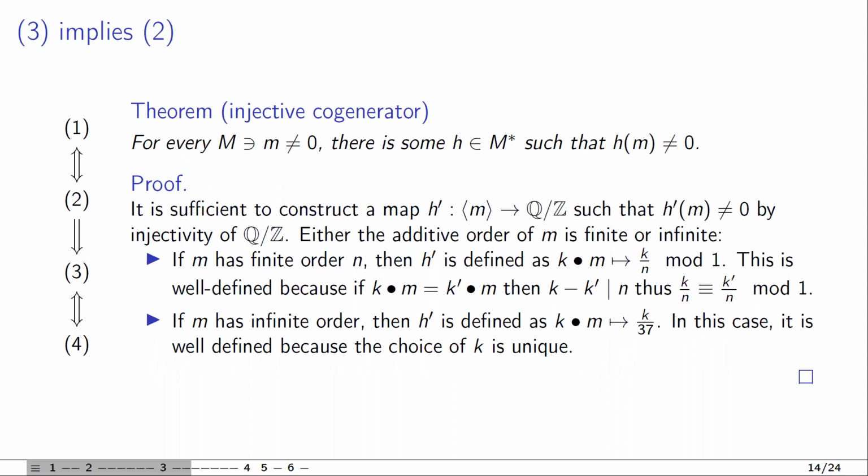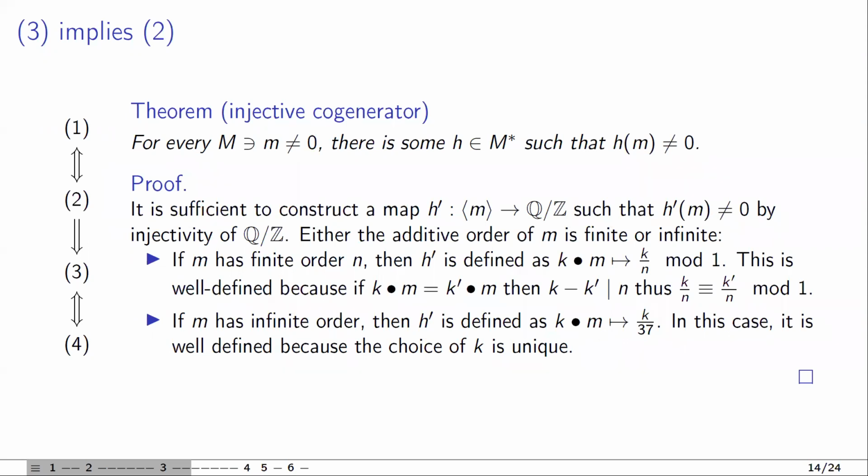The nice thing about the character module is that if m is a non-zero element, then there exists some character H such that H applied to m is not zero. Here we use again that Q quotient by Z is an injective group.